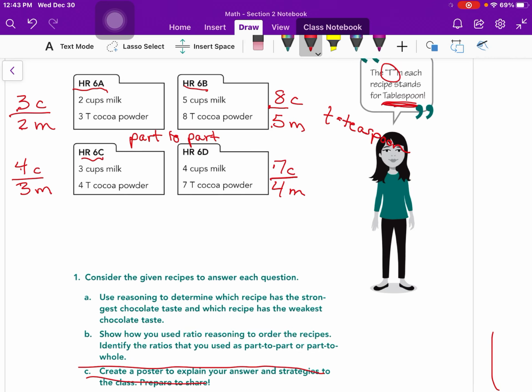All right, over here on this side, I notice there's 3 more cocoa than there is milk. And in this one, there's 3 more cocoa than there is milk. So just by looking at these two, I could draw a line right down here. These two are going to be weaker because they're almost equal cocoa to milk. And these two are going to be stronger.